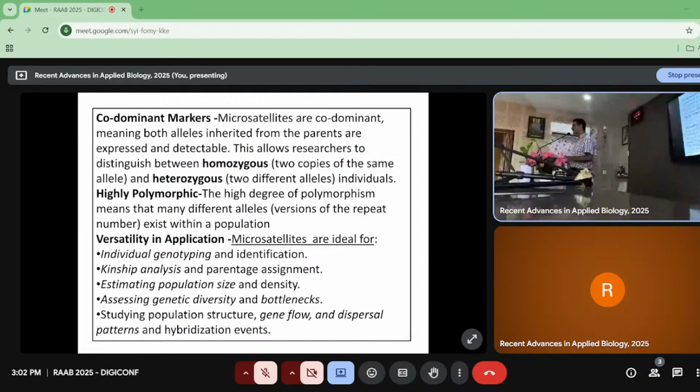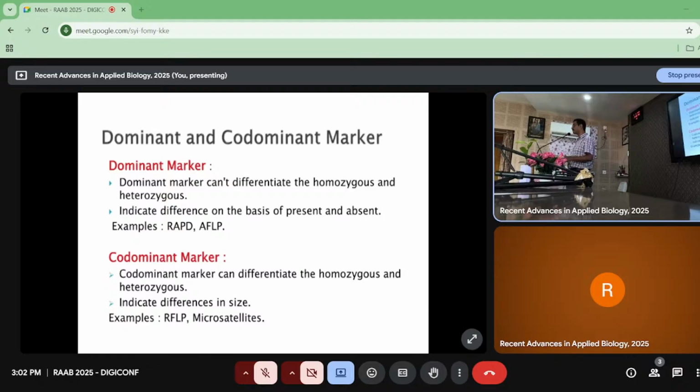All these can be studied by using microsatellite markers. So there are dominant and codominant markers. For dominant markers, particularly RAPD and AFLP are used, and for codominant markers, microsatellites and RFLP markers are used.